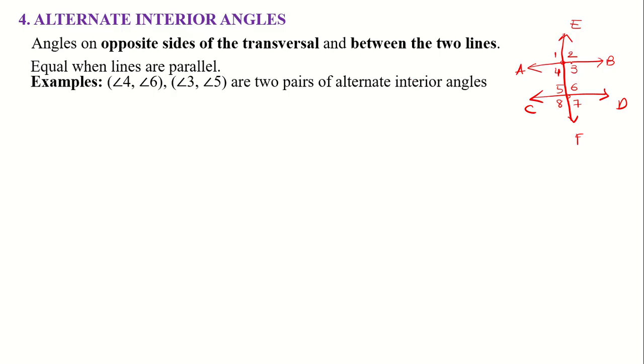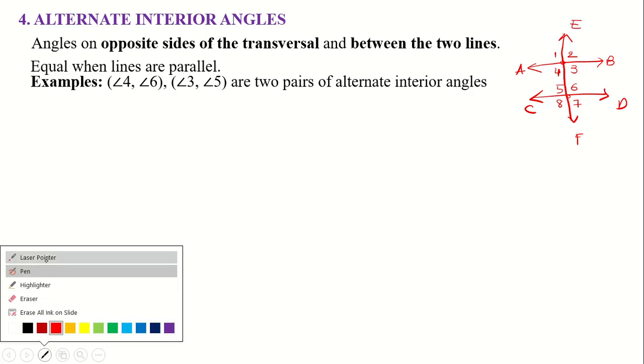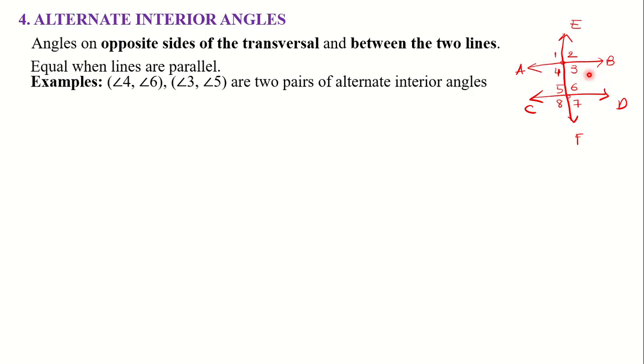As you can see here, in between these two lines, we have 4 angles. What are those 4 angles? They are angle 4, angle 3, angle 5 and angle 6. So, in between, which are alternate interior angles?